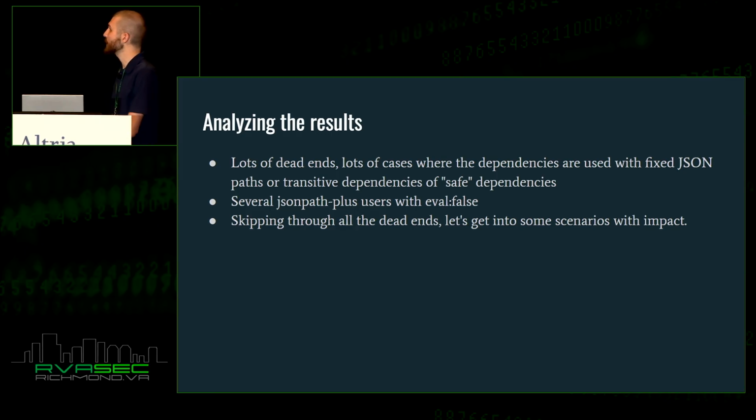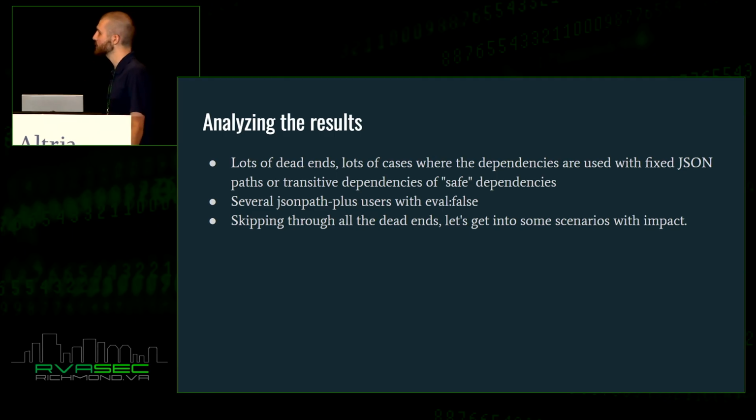So there were a lot of cases where the dependencies are used with fixed JSON paths. So there's not any way to inject arbitrary content into the JSON path and, say, add a malicious expression that leads to attacker-controlled JavaScript execution. And there were a lot of cases where the JSON path reference was a transitive dependency of something that used it safely.